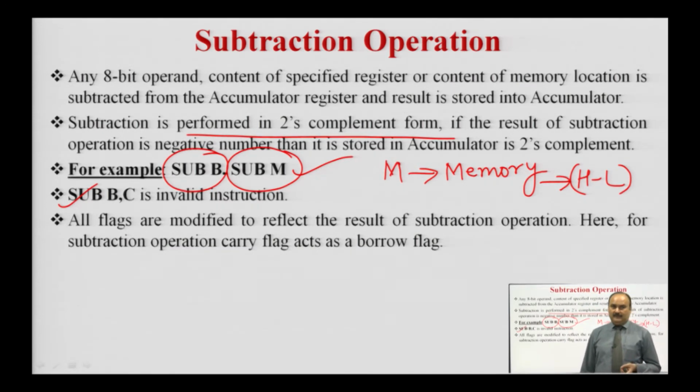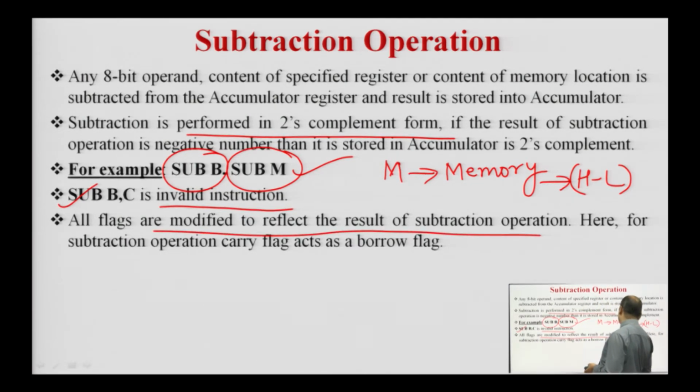So, SUB B, C is an invalid instruction. The correct instruction is SUB C. This instruction will subtract the content of C register from the content of the accumulator and place the result into the accumulator. All flags are modified to reflect the result of the subtraction operation.